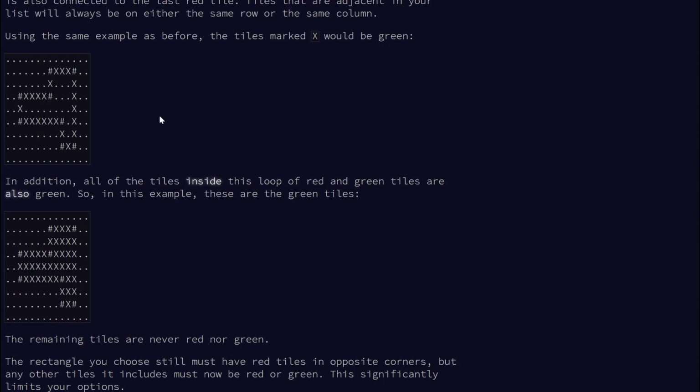Now, I think it is the case that in order for there to be a problem, there must be perimeter cells, either red or green, in the area you're carving out.